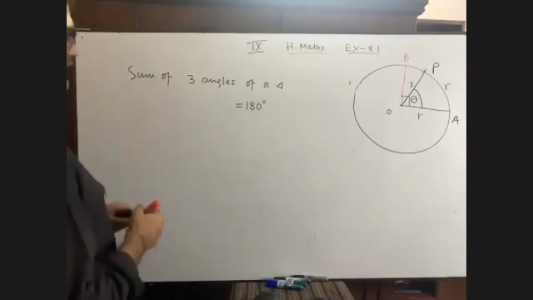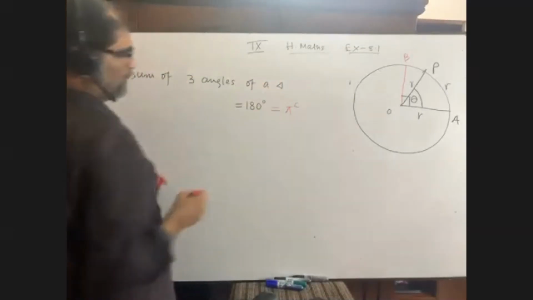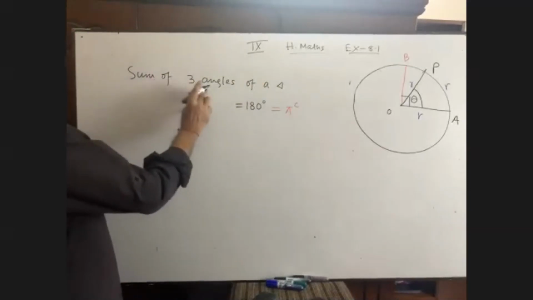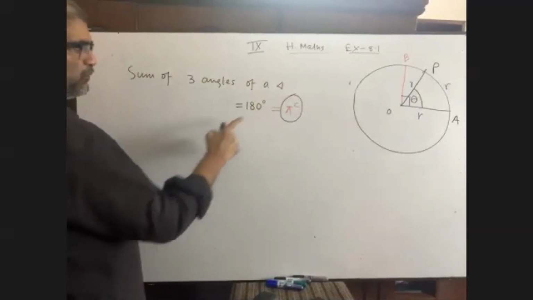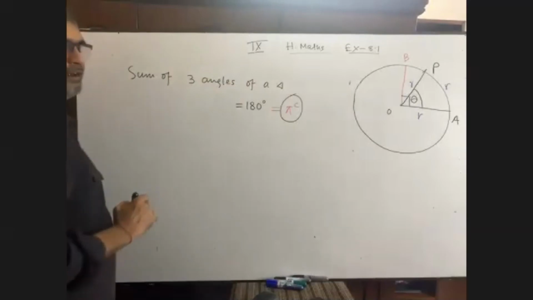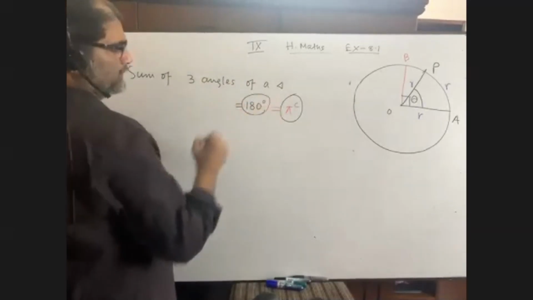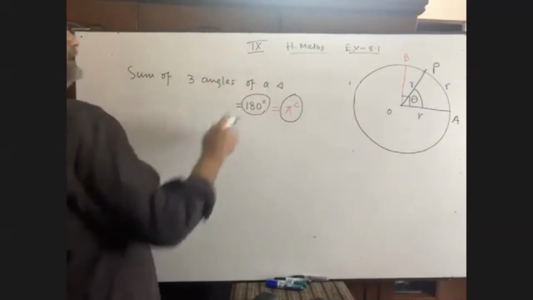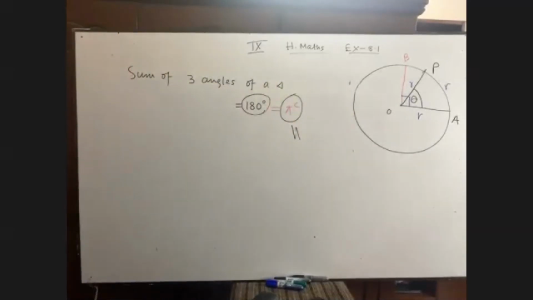What is 180 degree? I have just proved, pi radian. So from today onward, we all will come to know sum of three angles of a triangle is pi radian, because I have just proved 180 degree equals to pi radian. In your higher mathematics, there is no application of degree. I think all of you have got it, right?